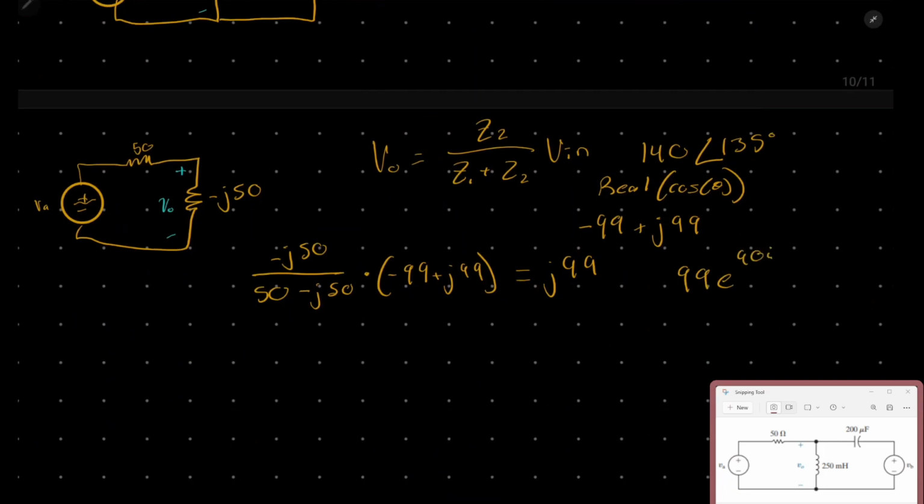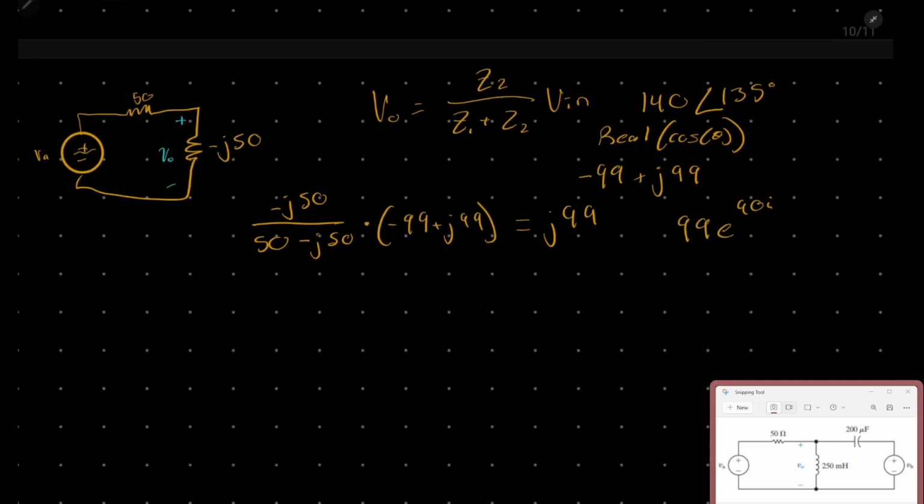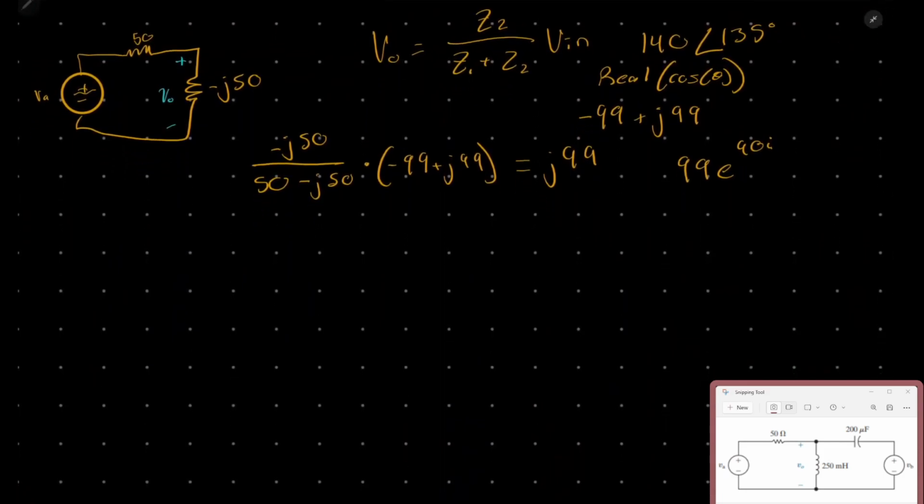Now this is Euler's formula, and it's really helpful here because our calculator really likes using this. So right here we have our amplitude.